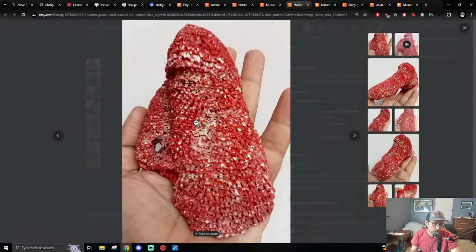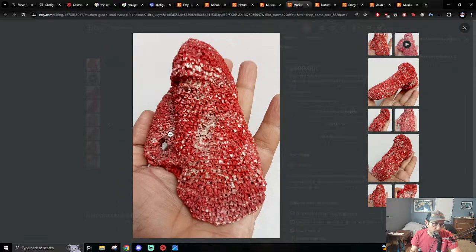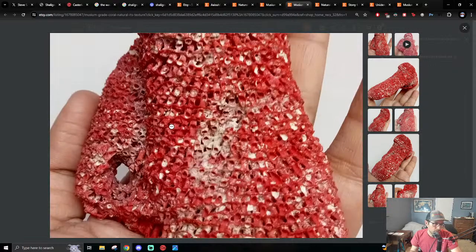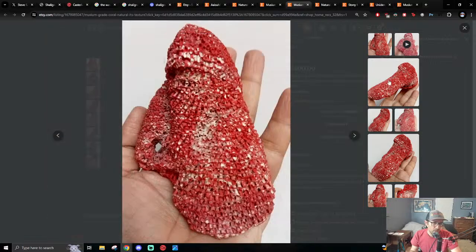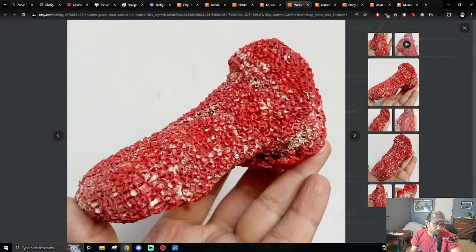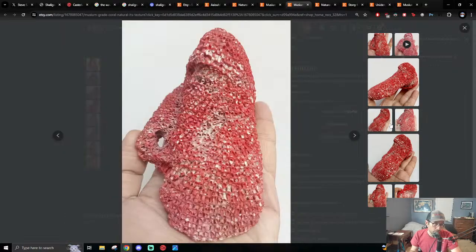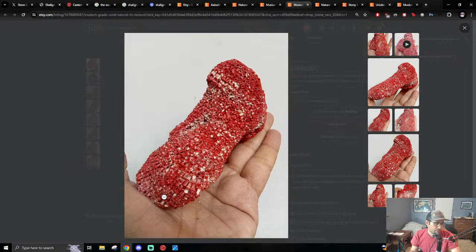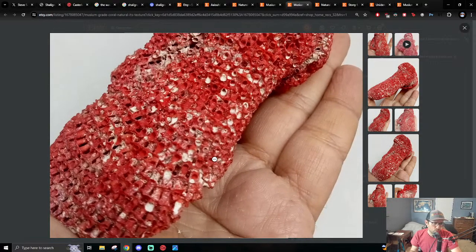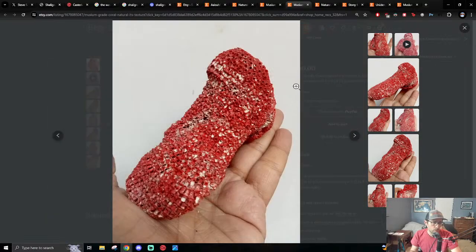Although, what in the fuck is this? This looks kind of fake. Although, I mean, I have no idea. I don't know why someone would fake a plastic straw coral or something.